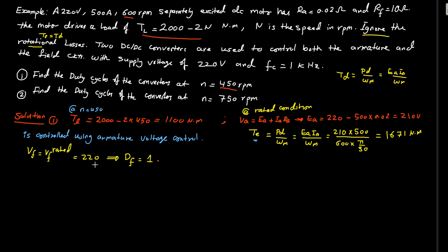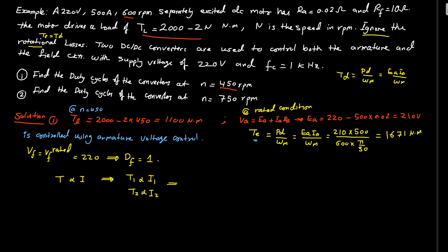So now we can calculate the current. Because the flux is constant, the torque is proportional to the current. So T1 is proportional to I1, and T2 is proportional to I2.